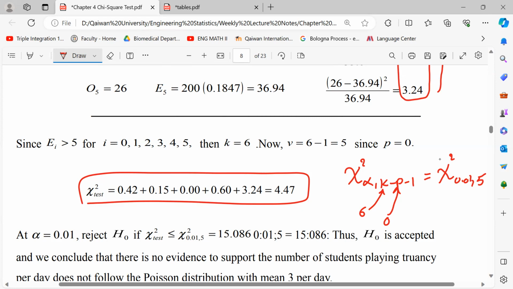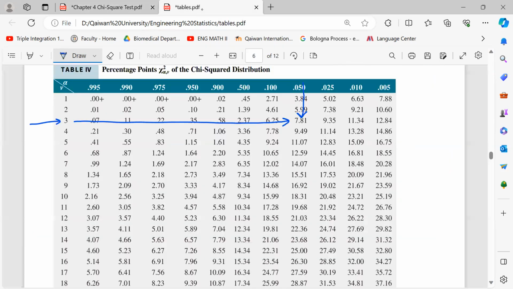Let's look for this value in the table. 0.01 and 5. This is 5, 0.01.